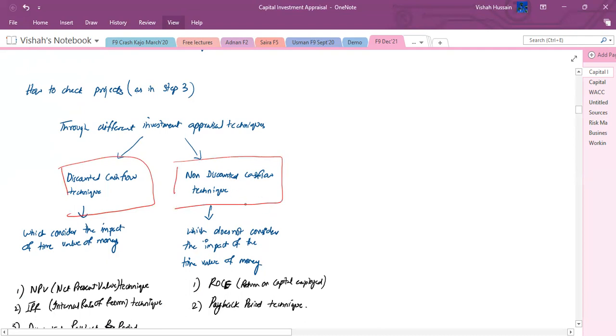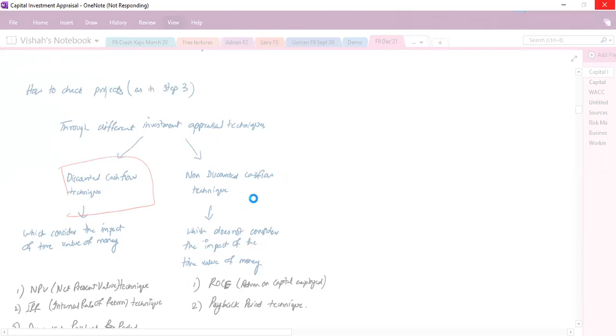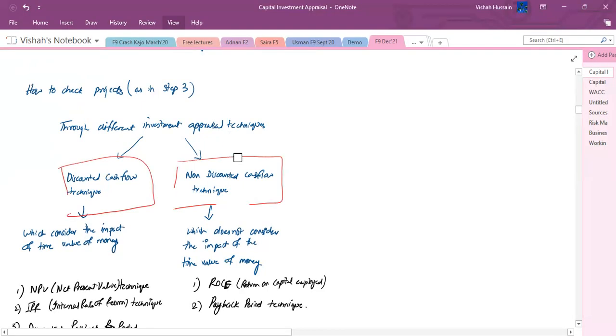The discounted cash flow technique is basically that technique which considers the impact of the time value of money. However, non-discounted cash flow does not consider the impact of the time value of money. Now, in discounted cash flows, we have NPV, our first technique to be discussed.